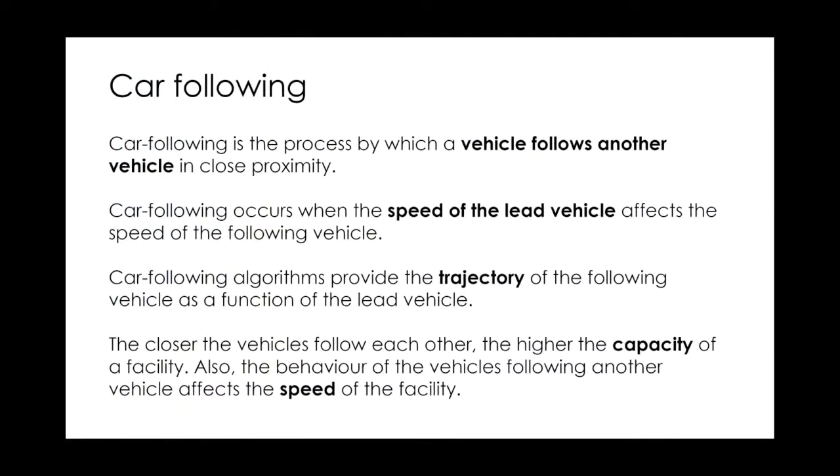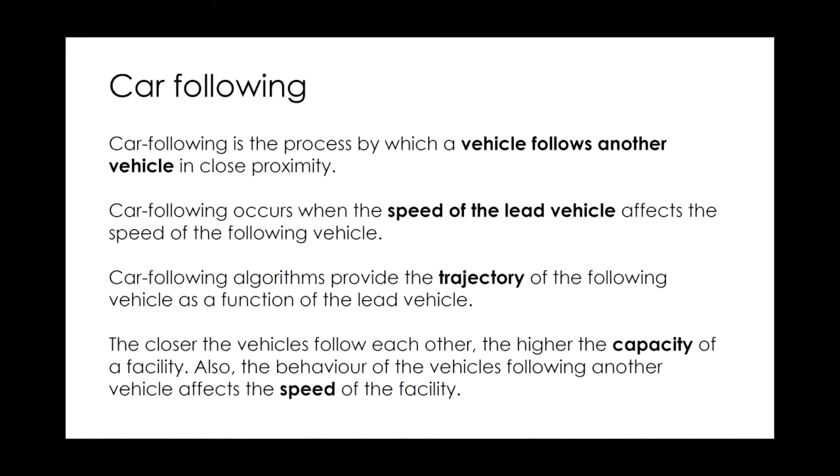Car following is the process by which a vehicle follows another vehicle in traffic in close proximity. Car following occurs when the speed of the lead vehicle actually affects the speed of the following vehicle. So if two vehicles are close together, they can interact.